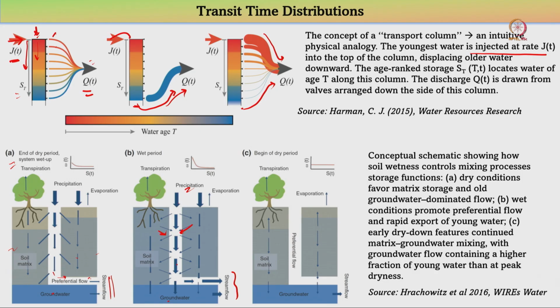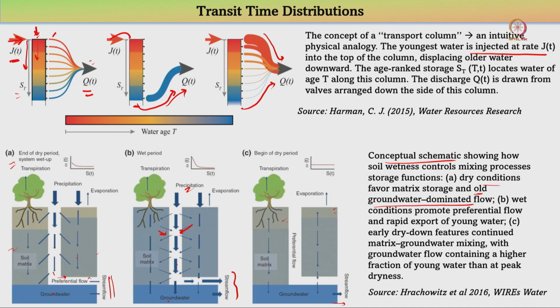So, after the wet period comes again the dry period, again the top layers of the soil have returned to their dry state. Now, mostly it is just the groundwater that is going and filling up the rivers. So, this is a conceptual schematic showing the dominance of groundwater dominated flow during the dry conditions where the old groundwater is coming in.